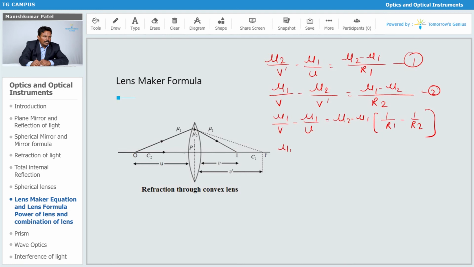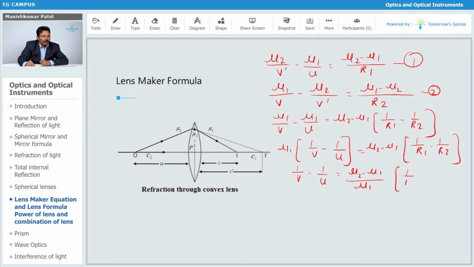Take mu1 also common over here, so this is mu1 times 1 by V minus 1 by U equals mu2 minus mu1 times 1 by R1 minus 1 upon R2. So 1 by V minus 1 by U equals mu2 minus mu1 upon mu1, times 1 by R1 minus 1 upon R2. Then you can write it as mu2 upon mu1 minus 1 in brackets, times 1 by R1 minus 1 by R2.